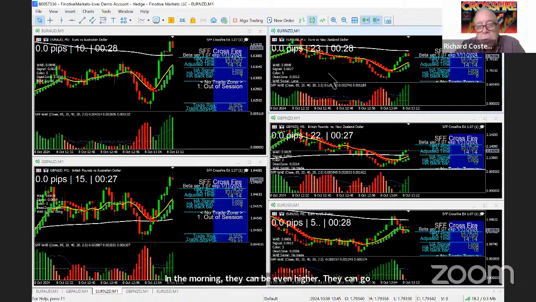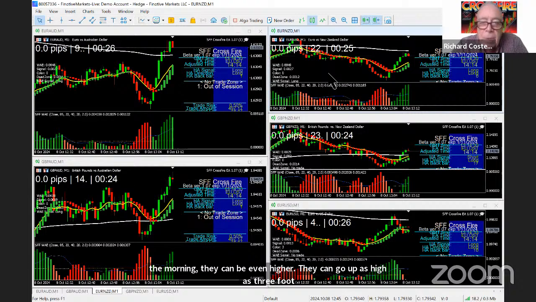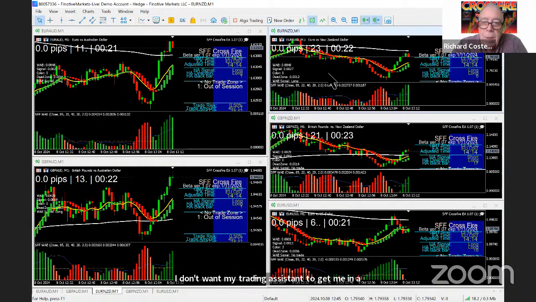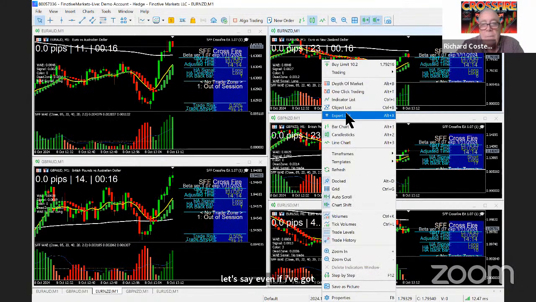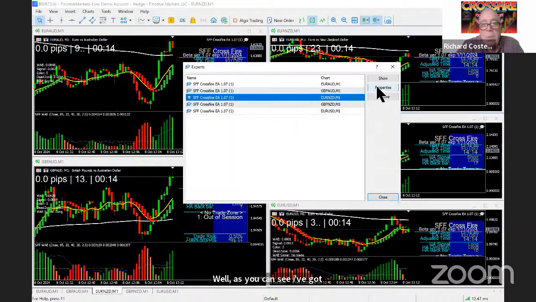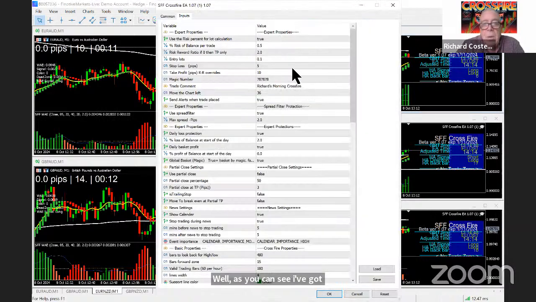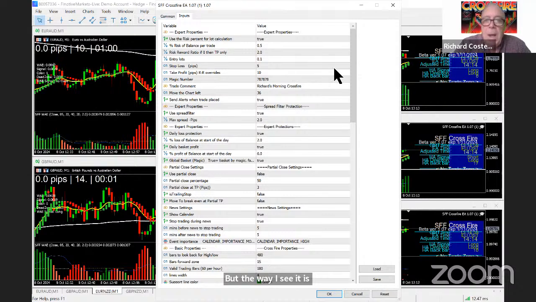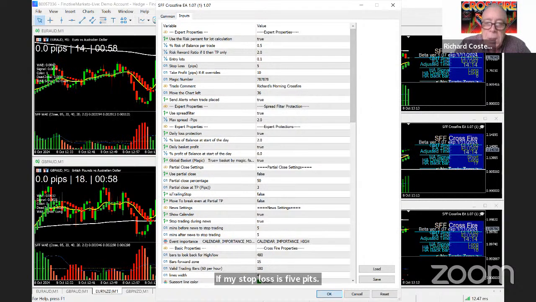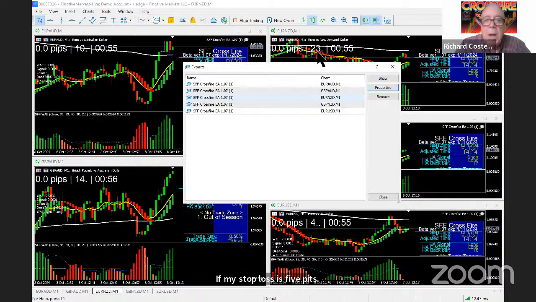I don't want my trading assistant to get me in a trade where, as you can see, I'm setting a stop loss of 5 pips. So I'm giving it wriggle room. But the way I see it is, if my stop loss is 5 pips and my broker is going to take away the first 2.5 pips in broker spread, then I've only got 2.5 pips wriggle room.